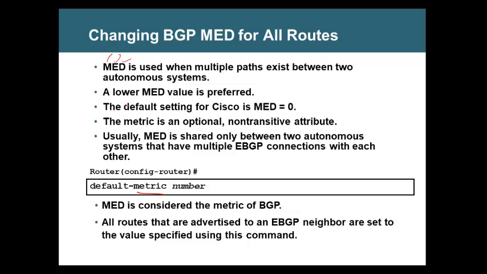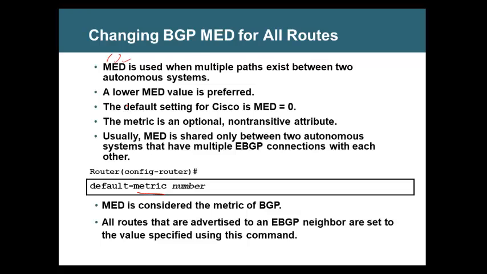Am I right? OSPF metric, EIGRP metric, RIP metric. What does it mean? The value which says how much is this path preferred. If the path has got low metric, so repeat again. In OSPF, metric of OSPF is cost.